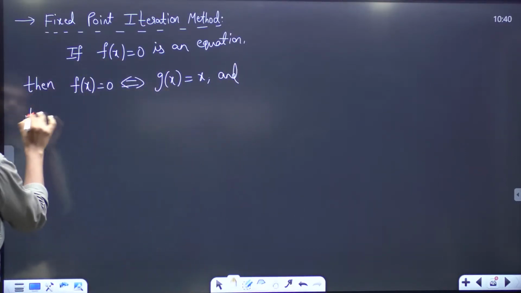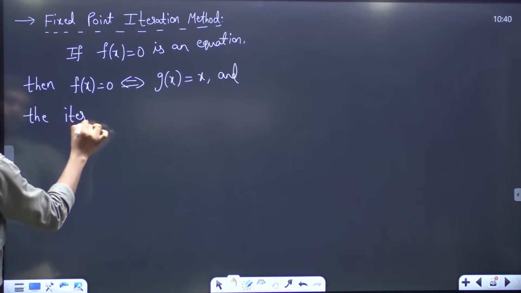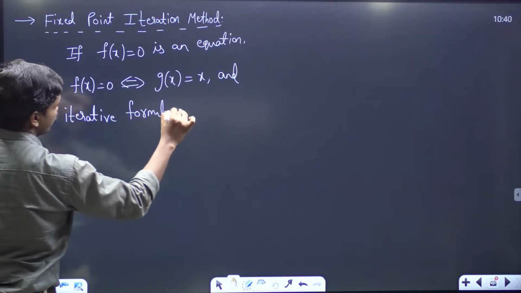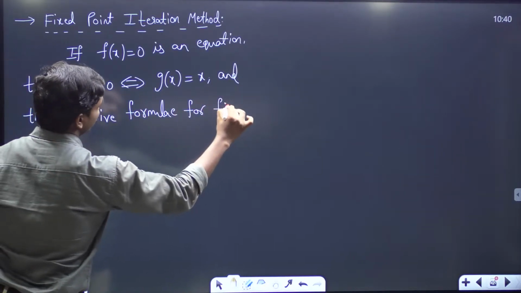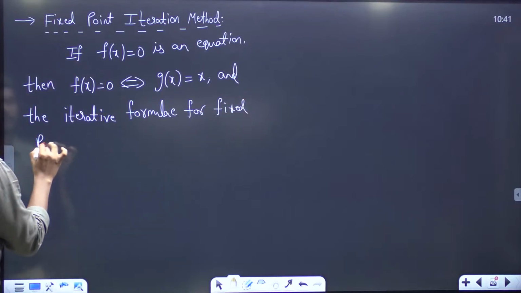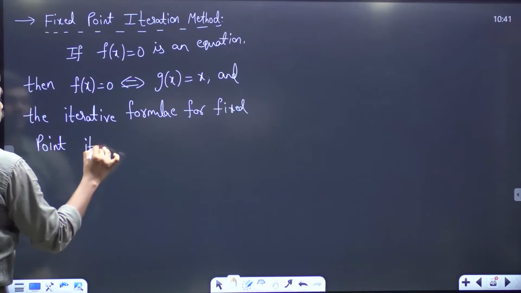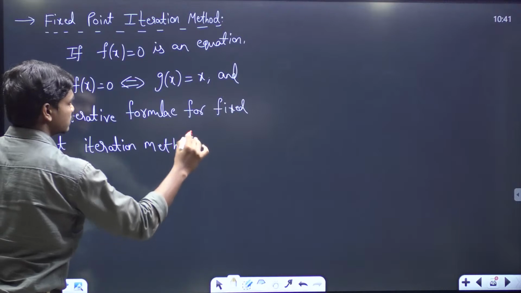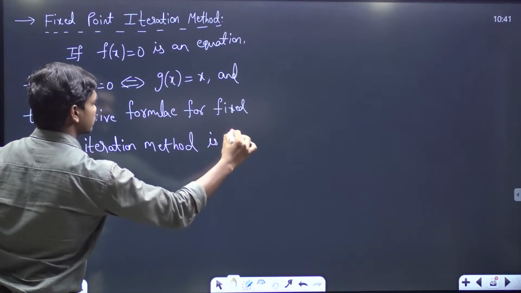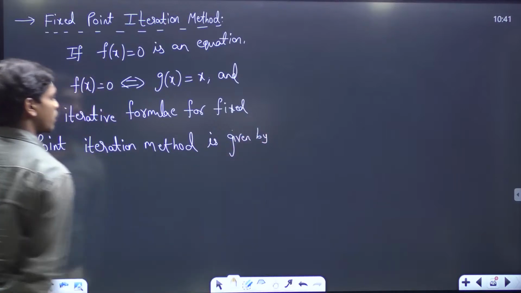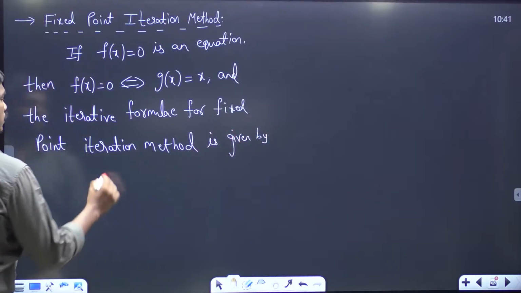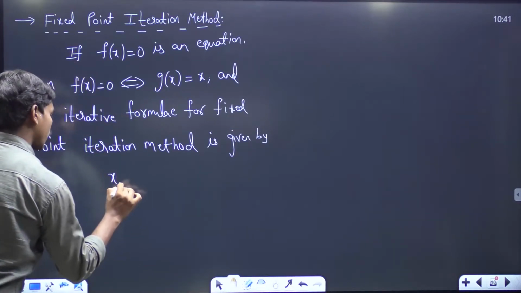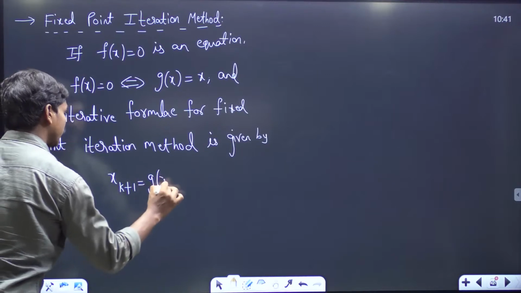The iterative formula for the fixed point iteration method is given by xk plus 1 is equal to g of xk.